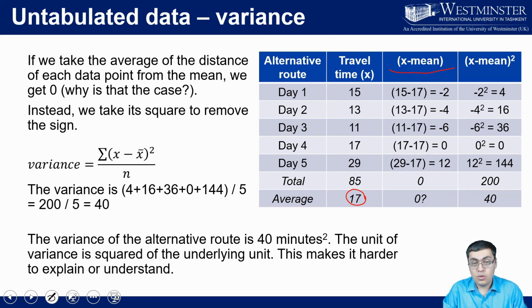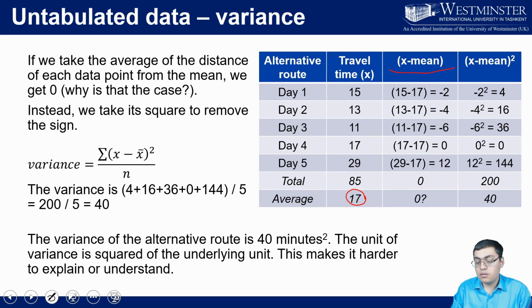It's actually because the mean is such a point where the average distance from all of our observations is going to be 0. That's part of what we want to do when finding the mean, actually. So in order to remove the sign and to make sure that when we're adding them up, they don't cancel each other out, we take their square.